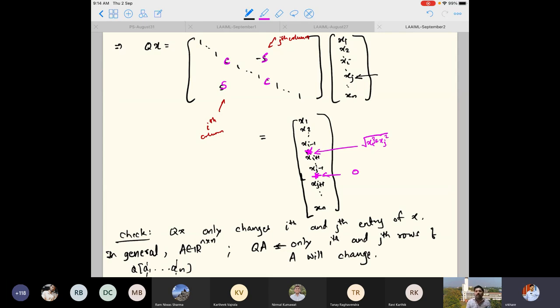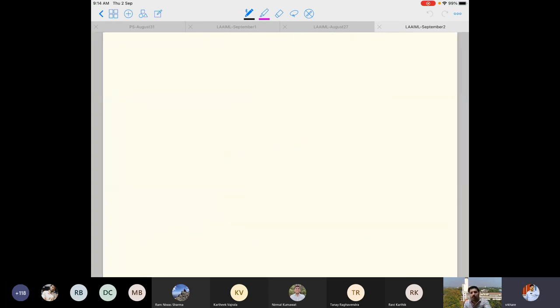And once you understand this, then it's very easy to observe. What is easy to observe? So let us write it in terms of a theorem. So what does it say? The theorem says, let A be a matrix in R^(n by n).